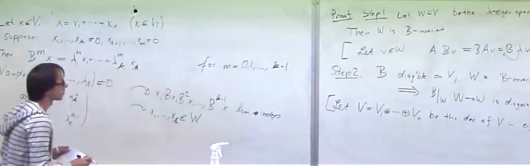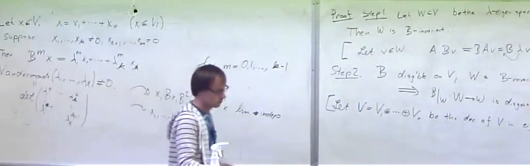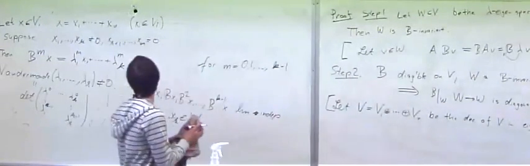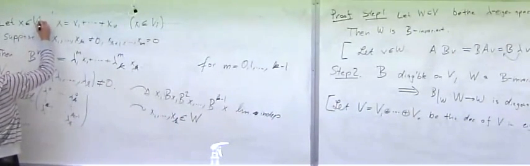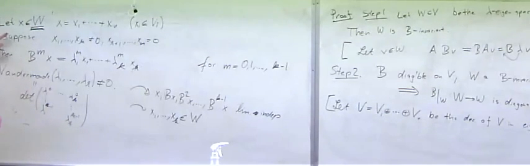Why did I start thinking about W? I think over here. No, this element, I picked an element of W. Yeah, that's good. I see.